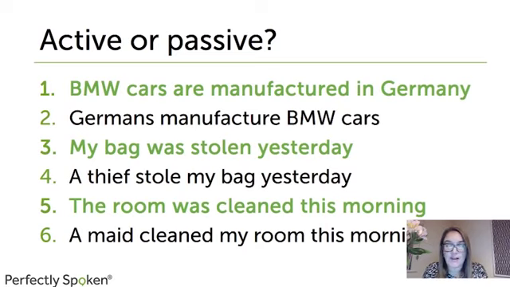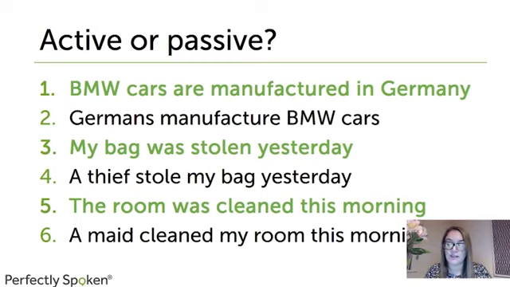Okay, well, hopefully you've noticed that in the green sentences, we don't have an agent, we don't have a person, we're not saying who. So BMW cars are manufactured in Germany. We're not saying by Germans. My bag was stolen yesterday. We're not saying by a thief.